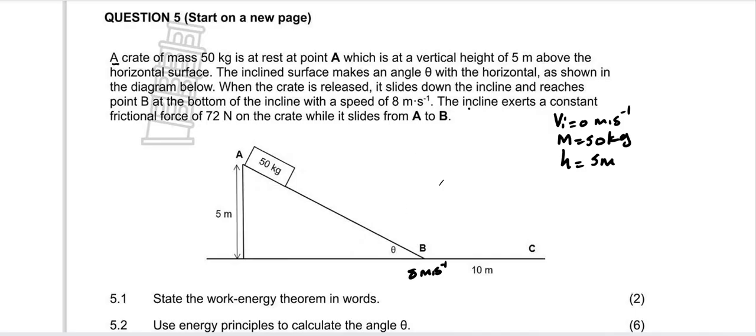The incline exerts a constant frictional force of 72 Newton on the crate while it slides from point A to point B. The frictional force was not changing, that's why they say constant. So now we can come and answer the questions.